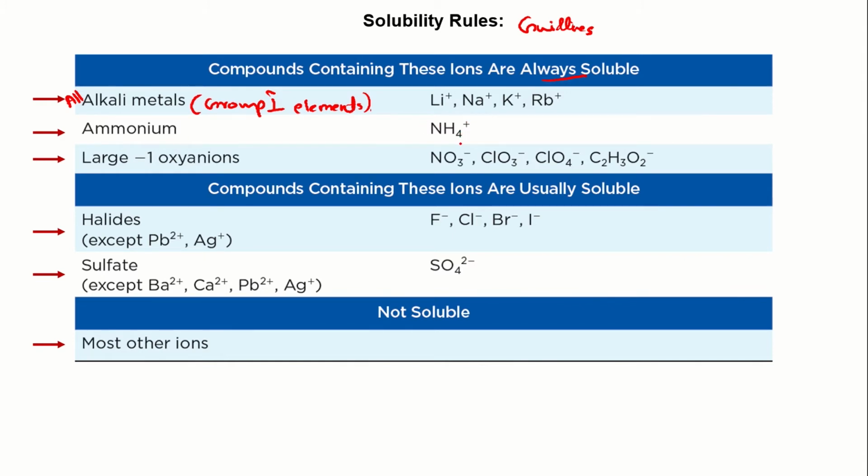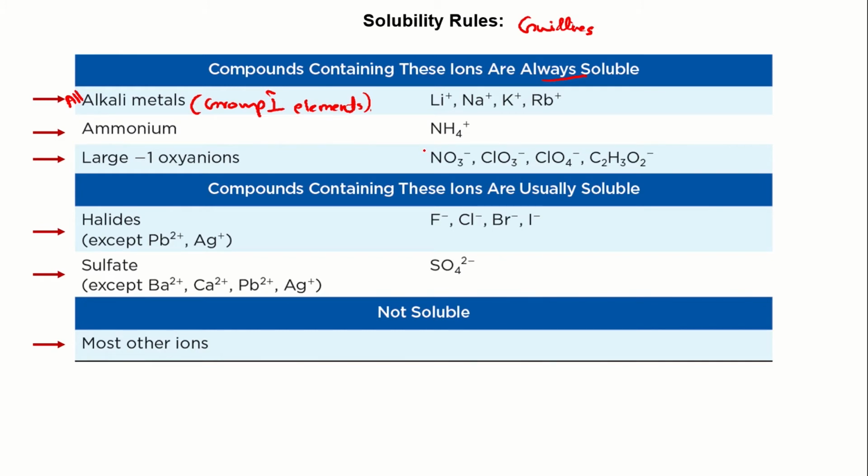I mentioned that this is the only polyatomic cation that you find. If you find NH4 in a formula, that means that substance is soluble in water. And in general, large oxyanions are also always soluble.